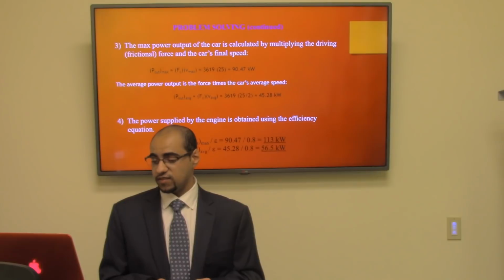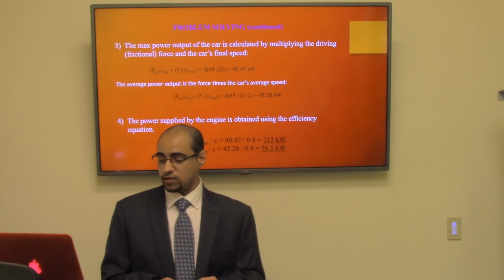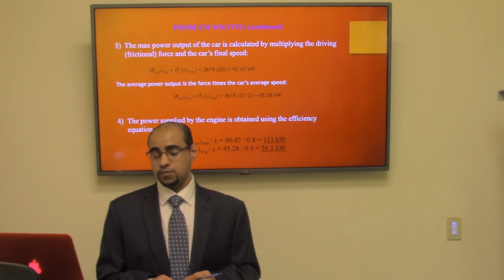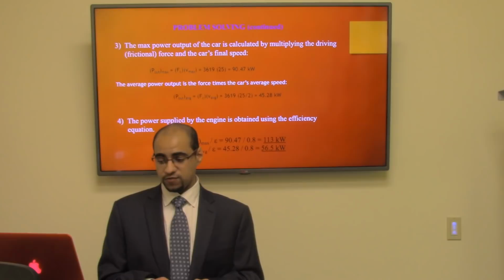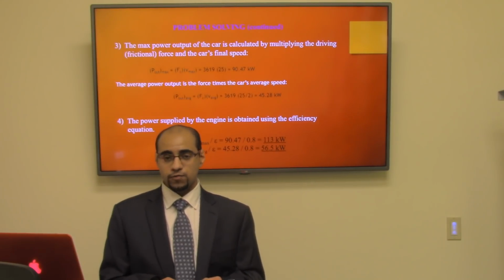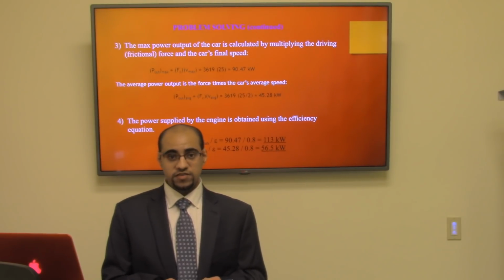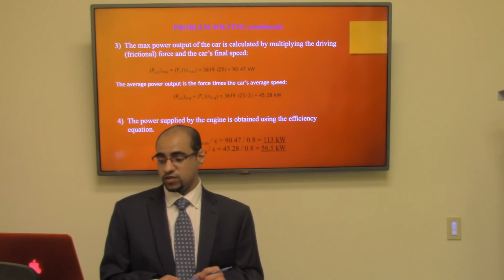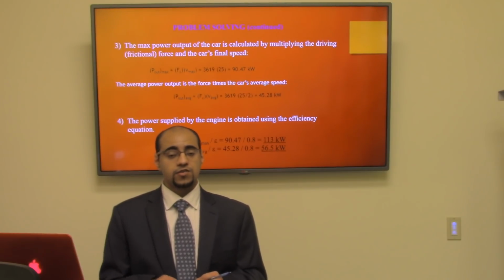It will give us 113 kilowatt. Then we'll do the same for the average. P input average equals P output average over sigma, 45.28 over 0.8, which gives us 56.5 kilowatt.